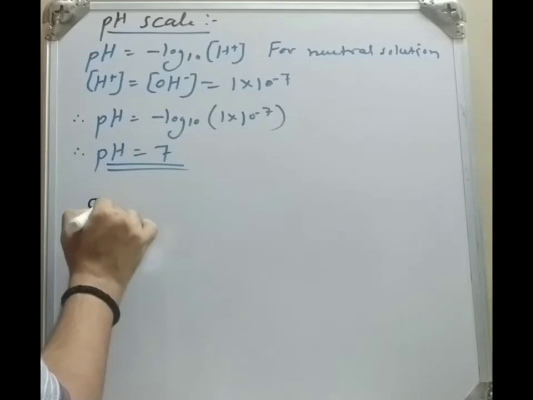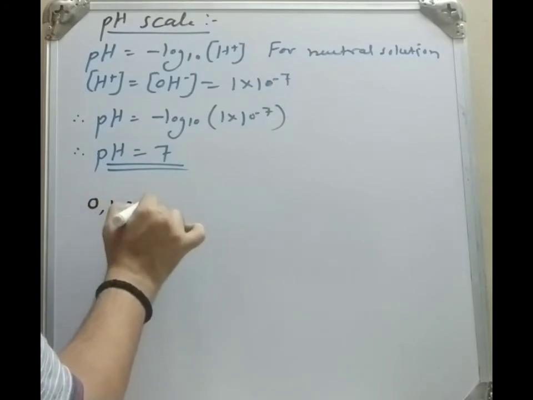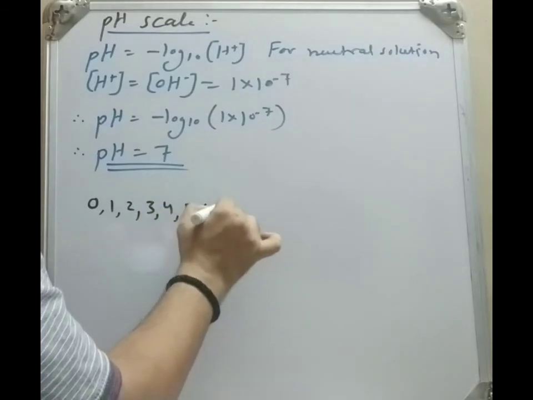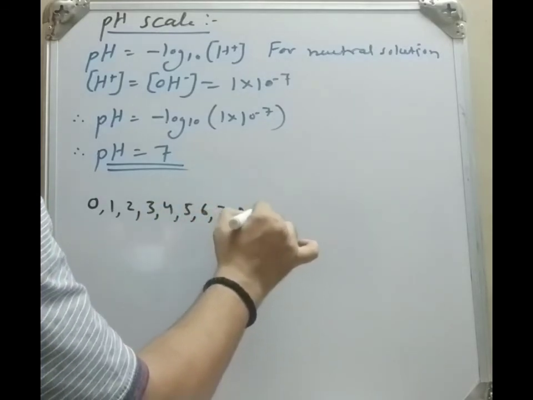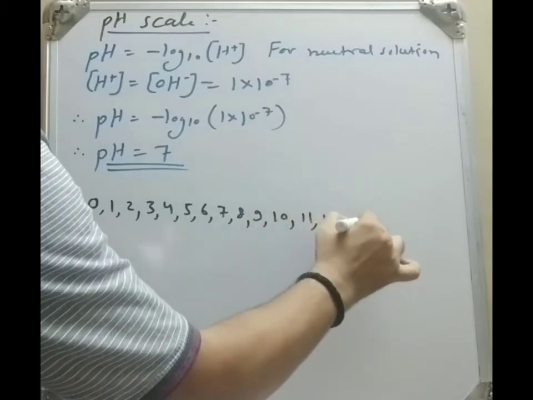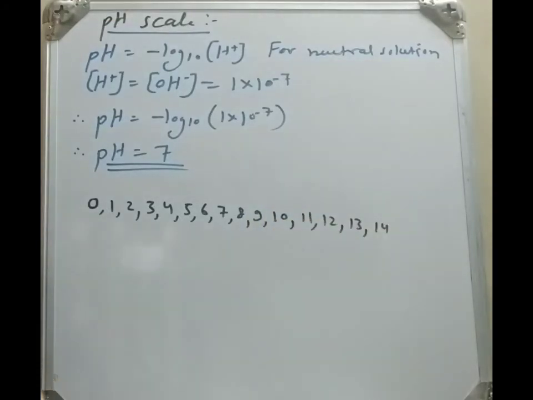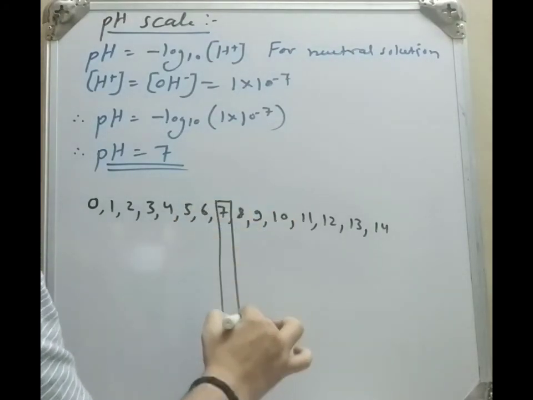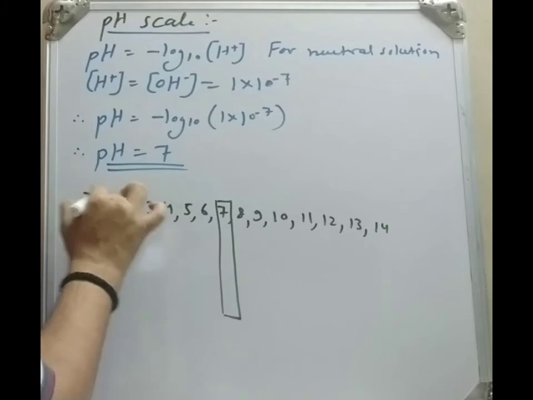So see this pH scale. We start from here 0, 1, 2, 3, 4, 5, 6, 7, 8, 9, 10, 11, 12, 13 and 14. 0 to 14. As we know, when our pH is 7, that is called neutral solution.